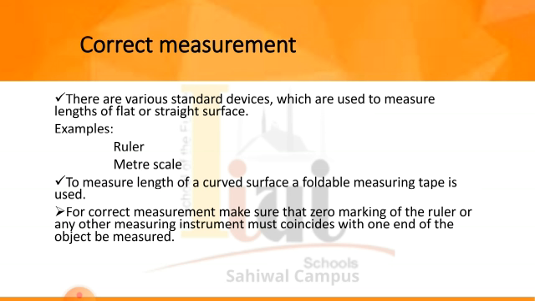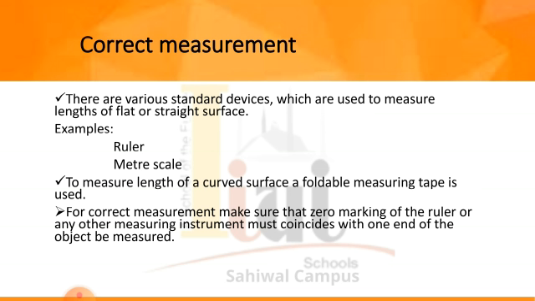Here a ruler from your pencil box is used. The zero of the scale must coincide with one end of the box, and you measure from zero of the ruler to the point where the box ends. This is the correct method of measurement, and if the ruler is tilted in some way, it will give you an incorrect measurement.